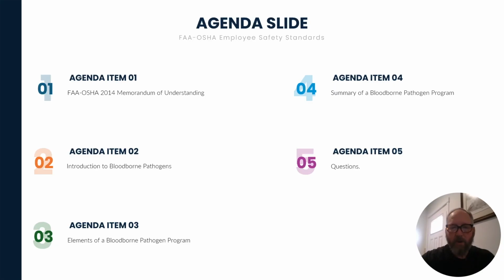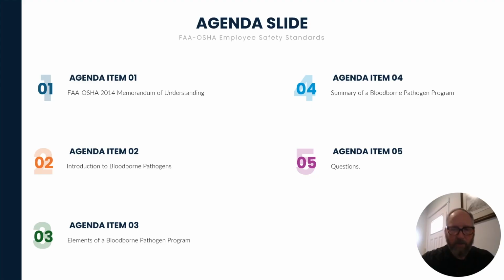So what we'll do is introduce you to this concept, and then you'll have to go deeper into it. It's one of the more complex OSHA standards, this one and HAZCOM. On the agenda slide, we'll just give you a heads up on what we'll cover. And again, it's just an introduction.